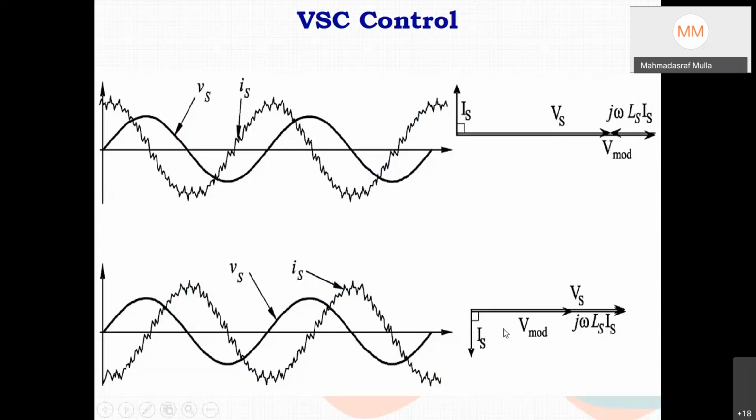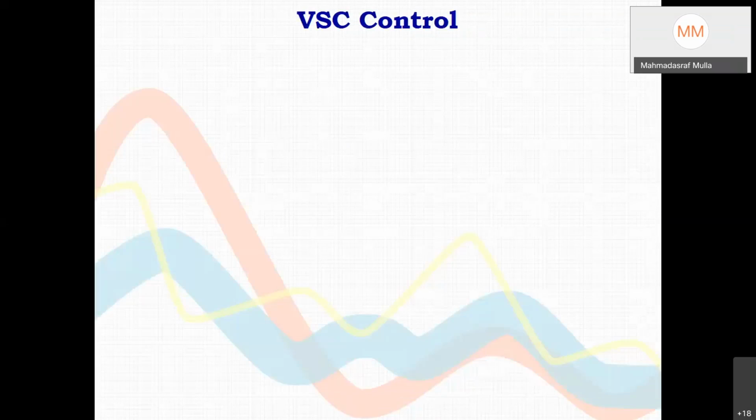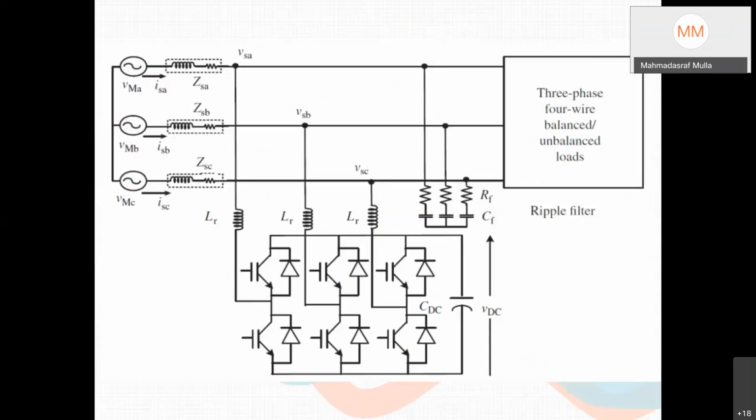In the alternate case, when the inverter voltage is lesser than the PCC voltage, the receiving end voltage, then this arrangement will supply lagging current. So the receiving end voltage and inverter voltage should be in phase, and then only the magnitude decides whether it will act as a capacitor or as a reactor. The first case is equivalent to a capacitor, and the second case to a reactor. This is a beautiful arrangement with power electronics.